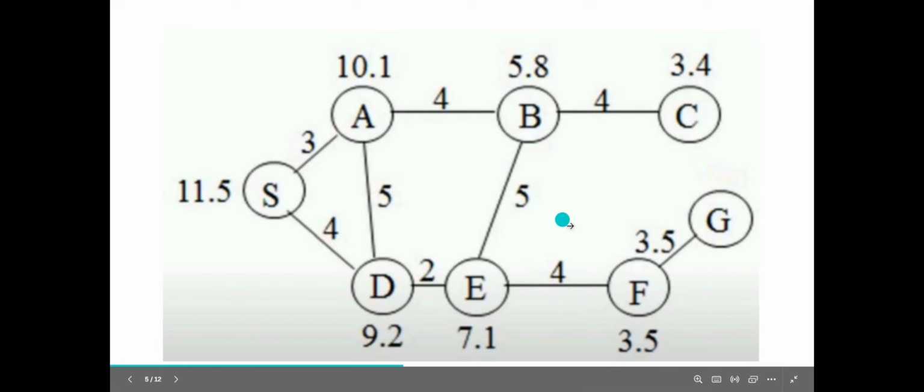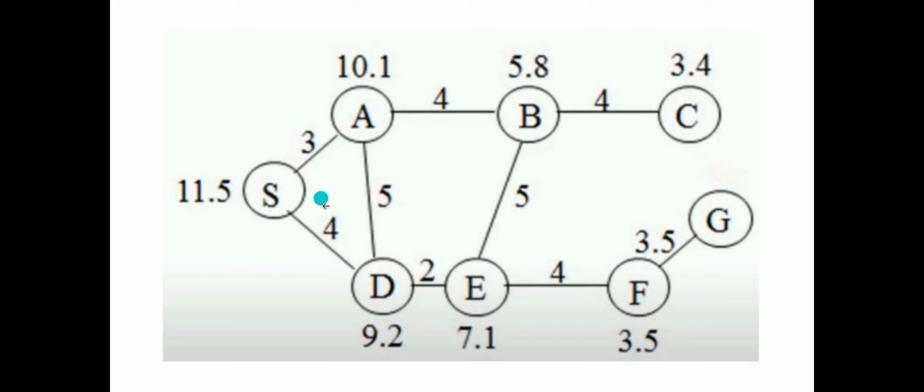This is a state space graph, and the nodes are represented by different alphabets. The heuristic values are given, and the g(n)s are also given. The heuristic value represents the distance or cost from S to G, the goal state, which is 11.5.